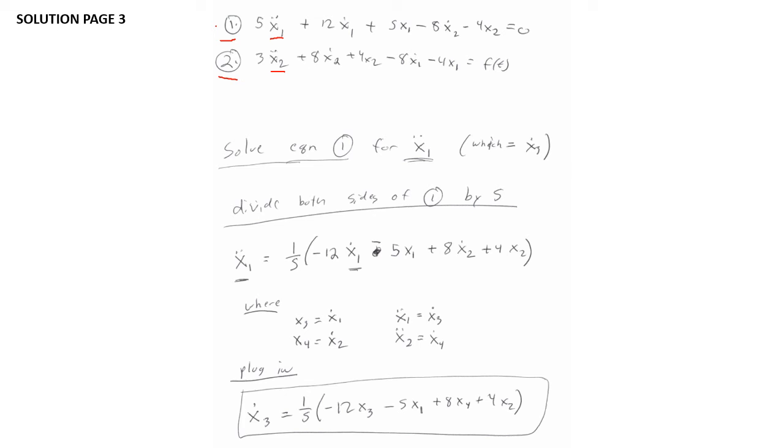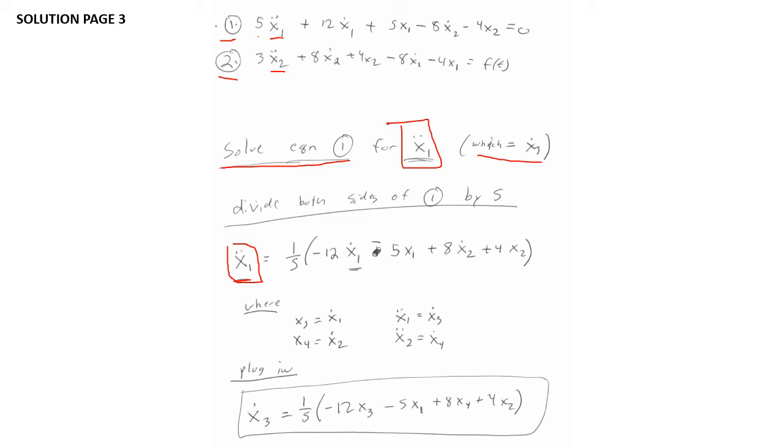Let's just look at equation 1. We're going to solve equation 1 for this x1 double dot, which we remember now is going to be our x3 dot, in order to get it out of our second order. So what we want to first do is take a look at equation 1, realize there's a 5 up in front, so we can divide both sides by 5 and rearrange to get x1 double dot on its own over here on the left-hand side of our equation.